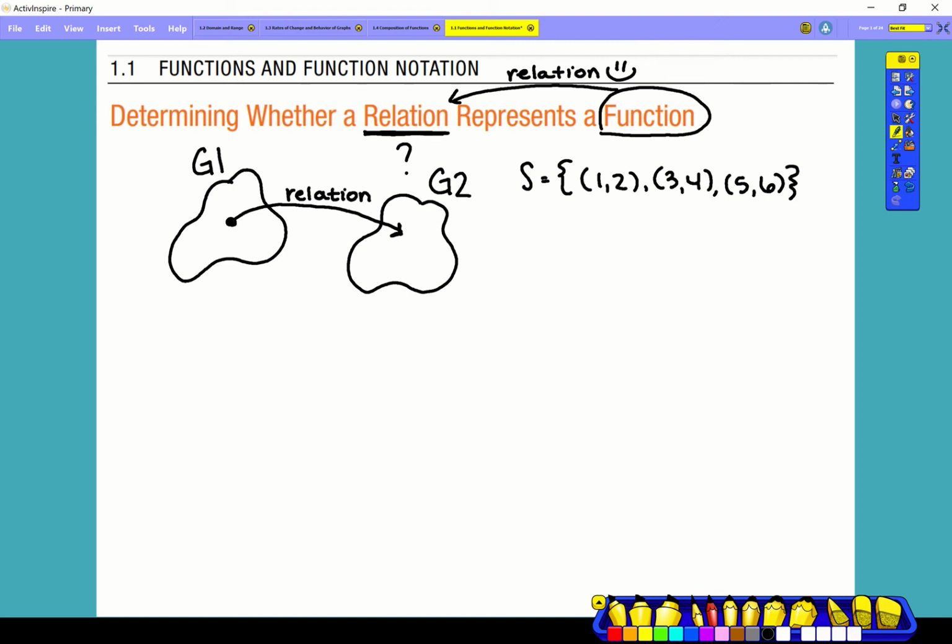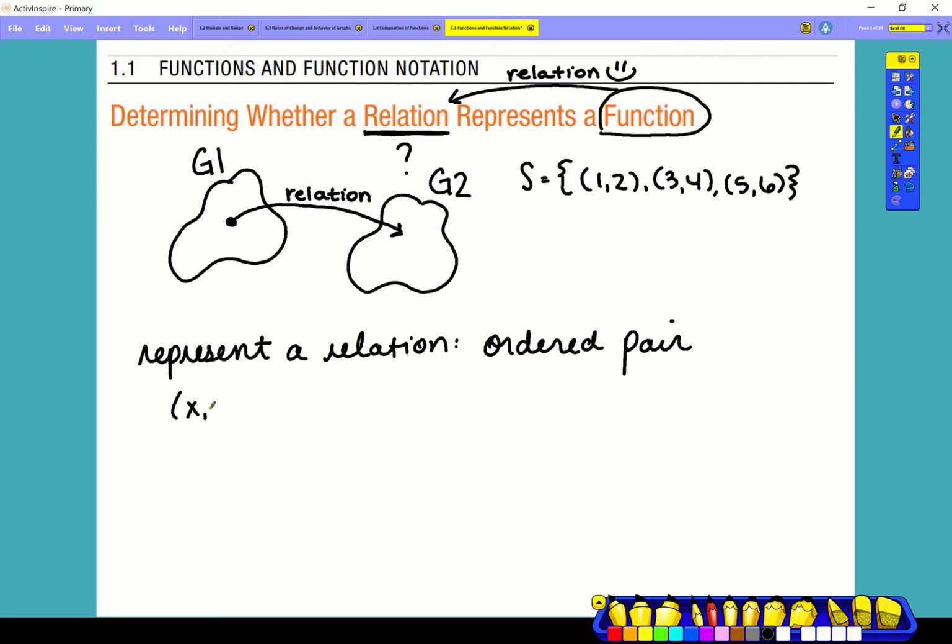So usually you can represent a relation with an ordered pair. You are probably most familiar with x and y. Something else you may be familiar with is domain and range.